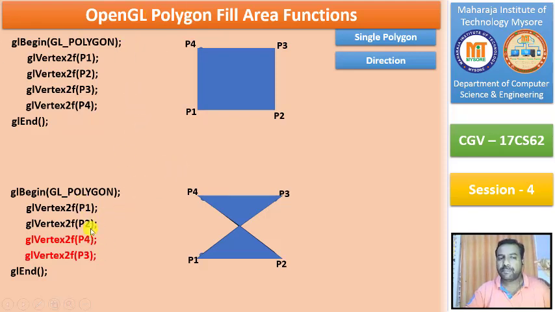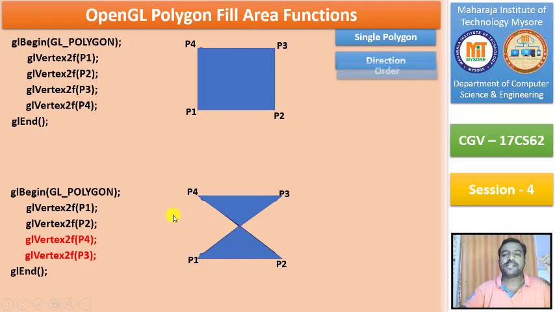If you miss the order, this is the problem you are going to encounter. So this may not be the output you are expecting, because you are expecting a simple rectangle as a simple convex polygon, but you end up with a complex polygon.